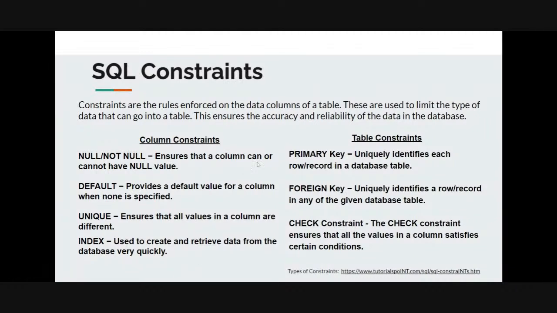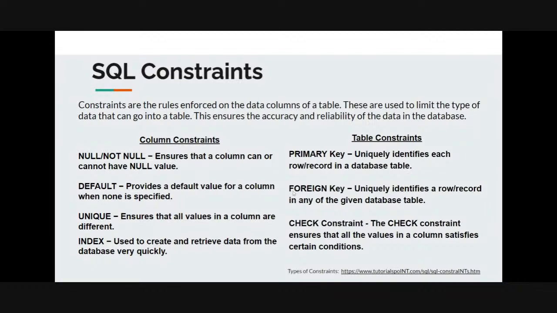And then you have table constraints. So these are the table constraints where you're defining a primary key, that one value that uniquely identifies each row in a database table.